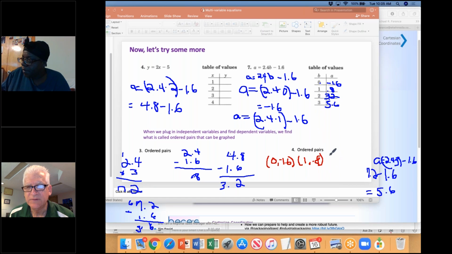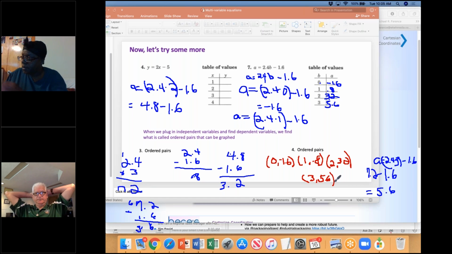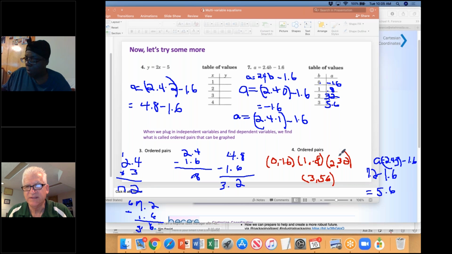And we have 2 and 3.2, and 3 and 5.6. Okay, those are your 4 ordered pairs. Now, if I were to take these 4 ordered pairs and put them onto a graph, it would give me a straight line graph, much like I did with the others.